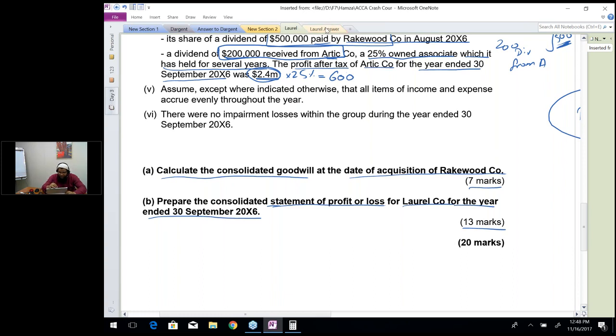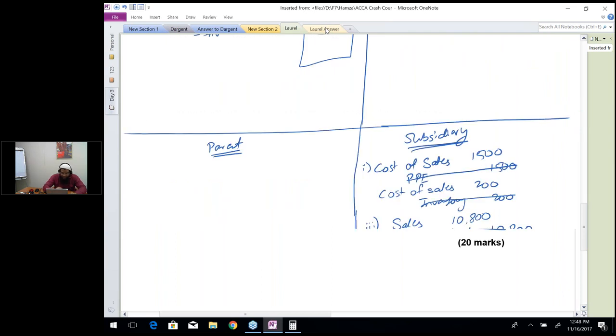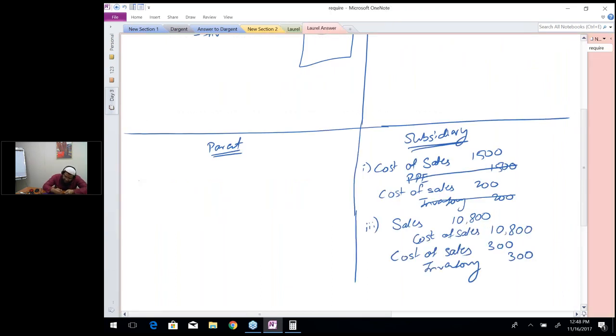So the entry for this is going to be recorded in the books of parent as adjustment number 4: investment in associate debit by 600 and share of profit in associate credit by 600.